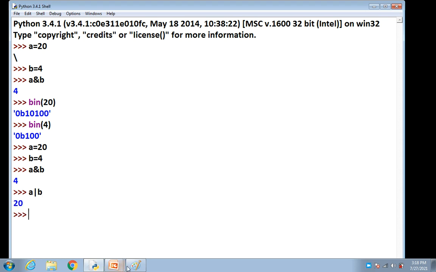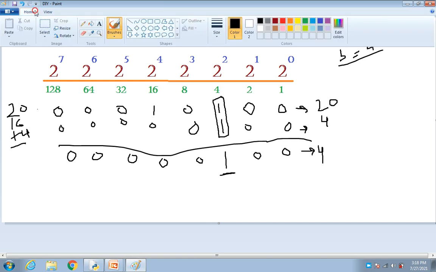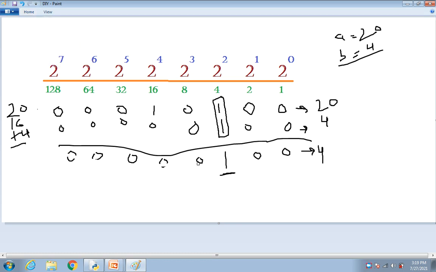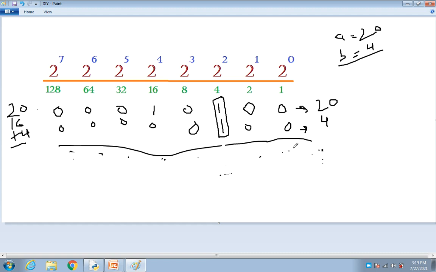The answer is 20. How is this answer 20 coming? Let's see here. This was your 20 and this is 4. Let's erase this thing. In that case, if any of the inputs is 1, the output will be 1.